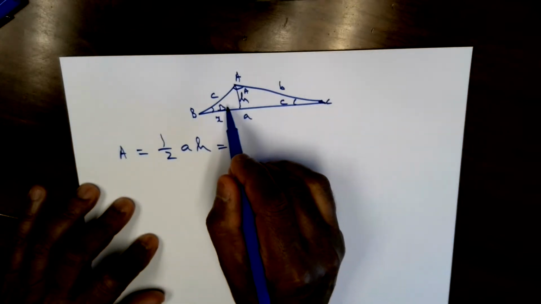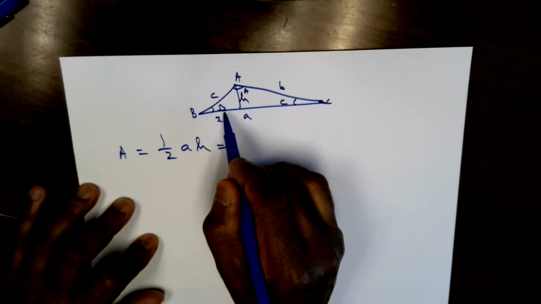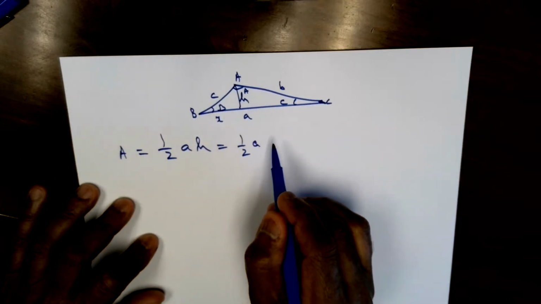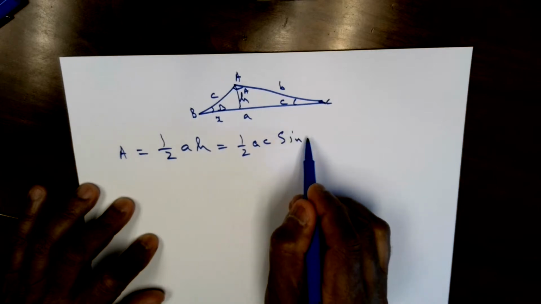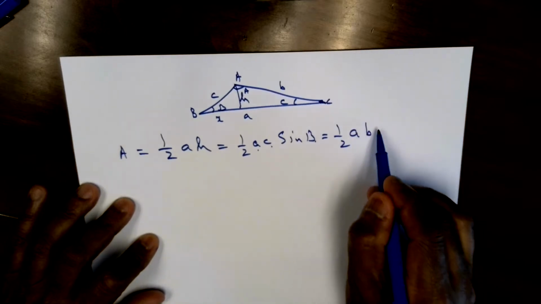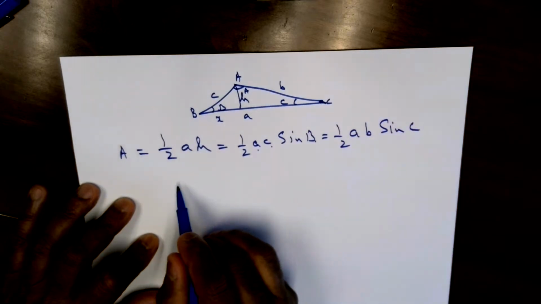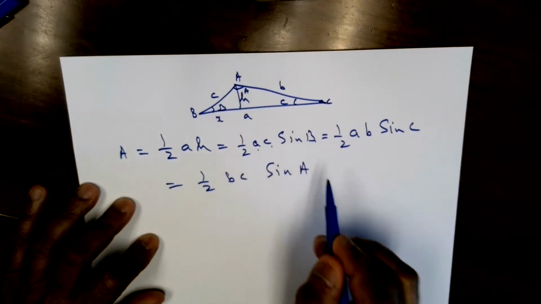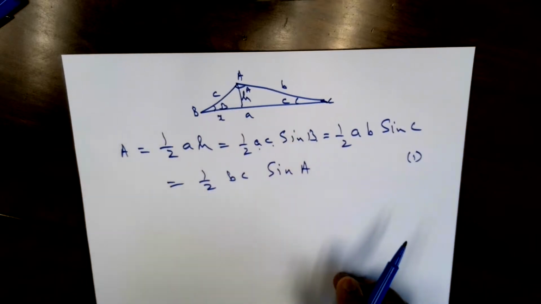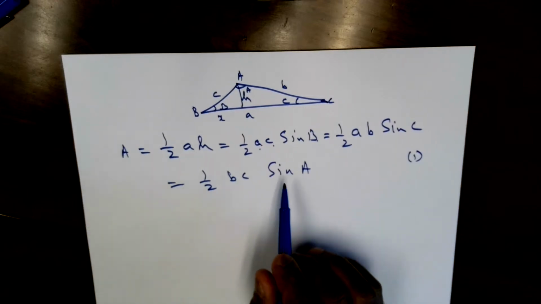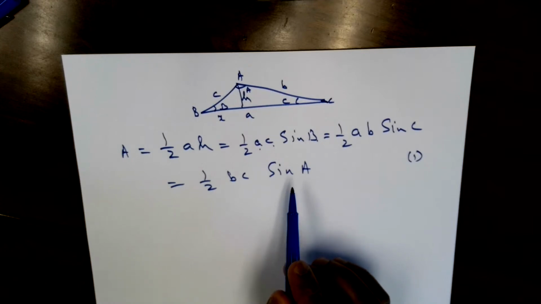And the height H is, you can see, c sine B. So the area is half a c sine B. This formula we can repeat as half a b sine C, and also half b c sine A. Now, at the time of Pythagoras and so on, the sine and cosine weren't there.